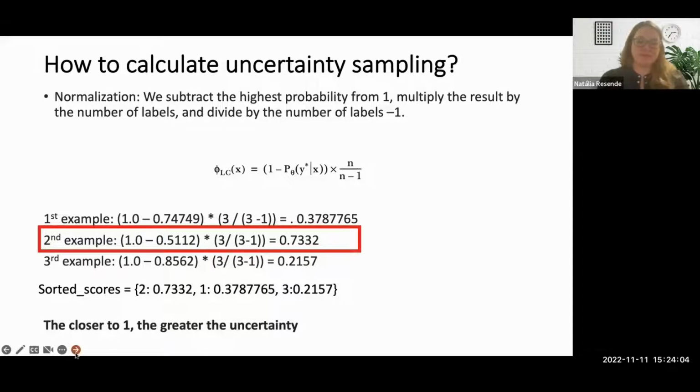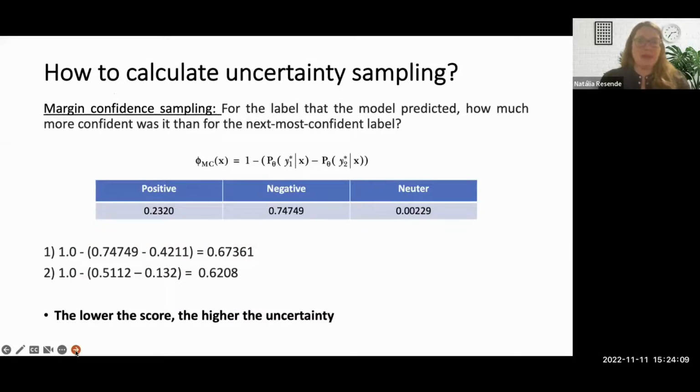Okay, thanks. So this is one of the strategies. Next is margin of confidence. Margin of confidence is very intuitive because it answers the question: how much more confident was the model for a certain class than for the next most confident class?